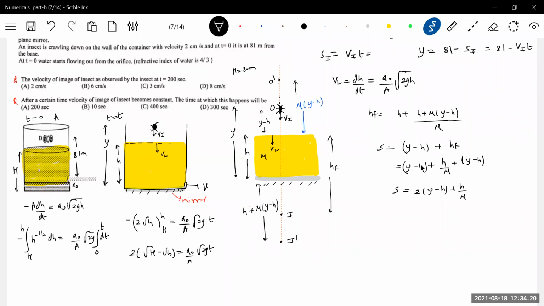Now what you are going to do is ask the velocity of the image of the insect as observed by the insect at t equal to 200 seconds. Shall we go for differentiating this? What do you mean by dot? Derivative of that one.